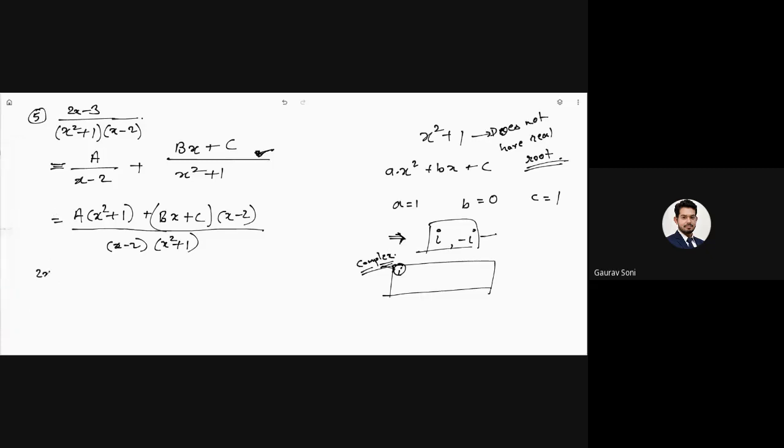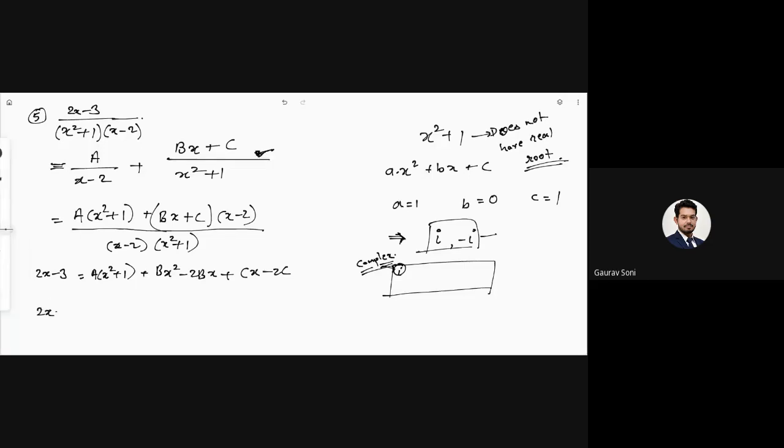So 2x minus 3 will become this numerator into x square plus 1 plus multiply these two brackets, b into x square minus 2bx plus cx minus 2c.